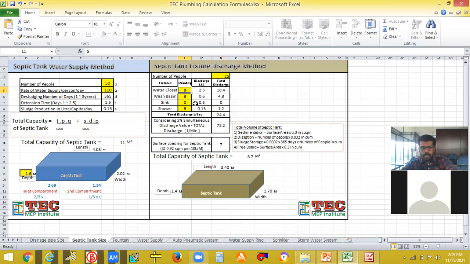Now 25 people. So I am giving water closet 15, wash basin 15, sink 2, shower 15. Or I am giving 10, for example.